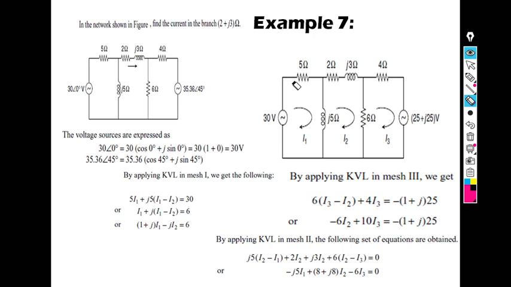So one thing, I can get 1 2 3 4 5 6 7 branches, and 1 2 3 4 5 junctions. So 7 minus 5, 2 plus 1, 3 independent meshes we will get, right? Because we know branches minus junctions plus 1. You can go through most of the books.